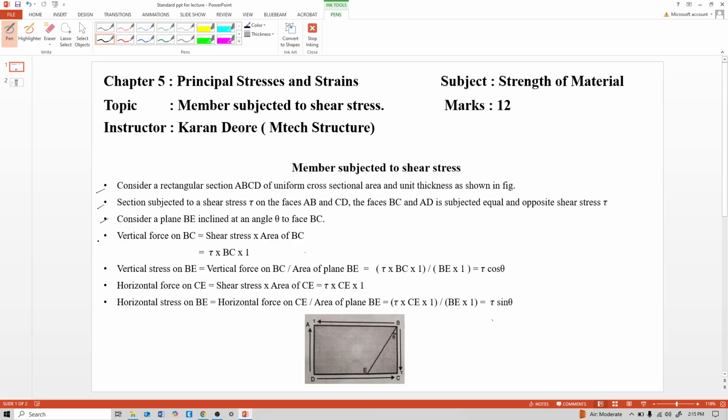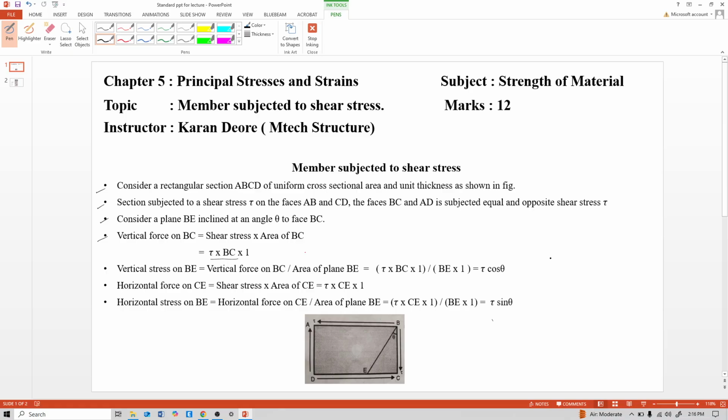Now the vertical stress on BE. Vertical stress on BE is vertical force on BC upon area of plane BE. Vertical force on BC is tau BC into 1, upon area of plane BE, which is BE into 1. And this is theta.